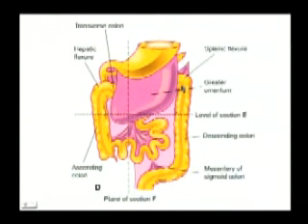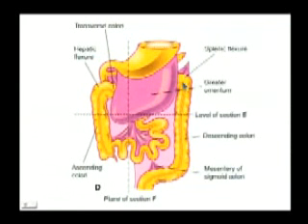Transverse, we saw the transverse mesocolon. You notice the flexure on the right side is near the liver, so it's the hepatic flexure. So at that point, the dorsal mesentery becomes persistent again. So we have a transverse mesocolon that fuses in part to the greater omentum, as we said.